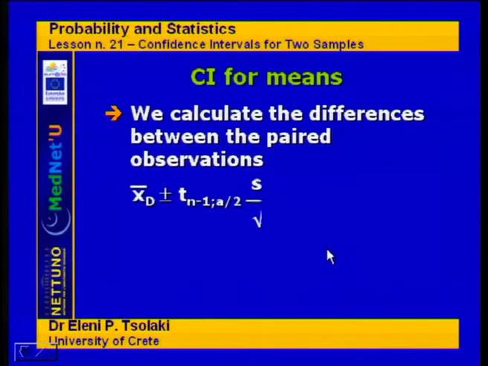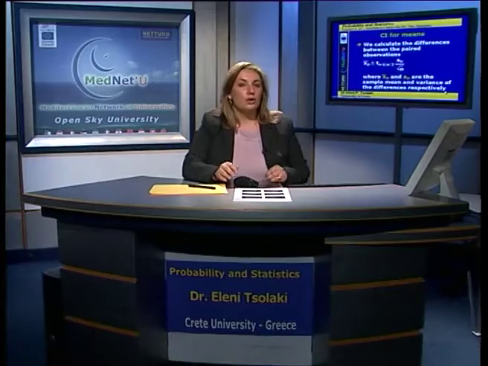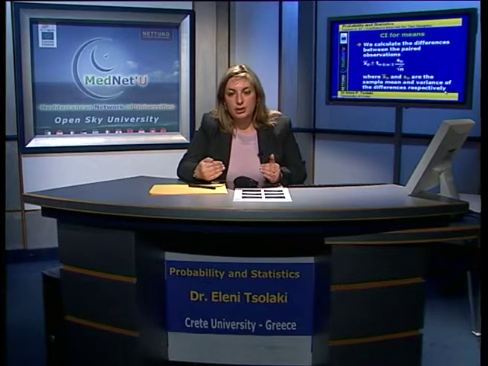It can be calculated using this formula here, where the sample mean is for the differences, and the sample standard deviation is again for the differences. So we have assumed that we have paired observations.